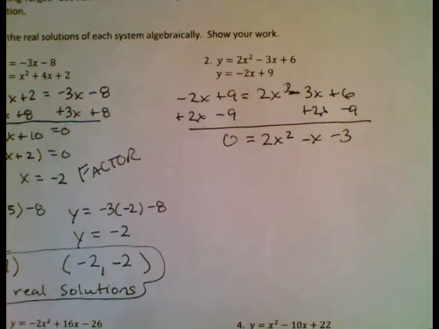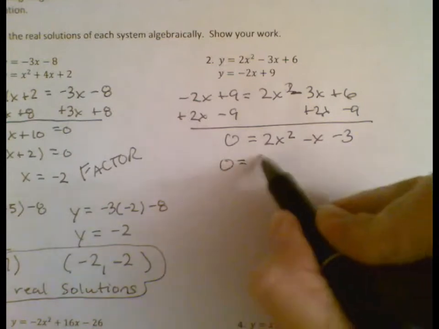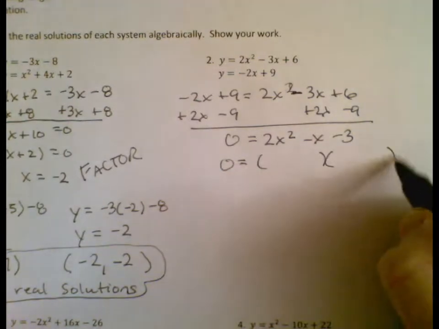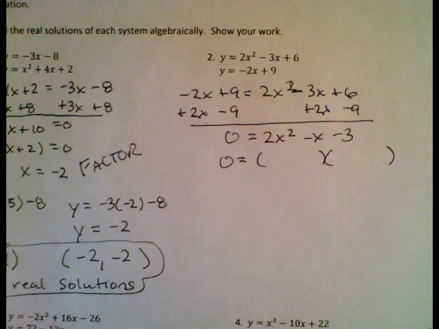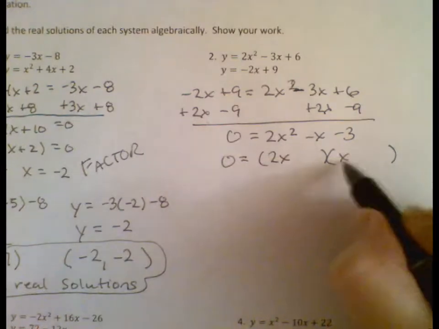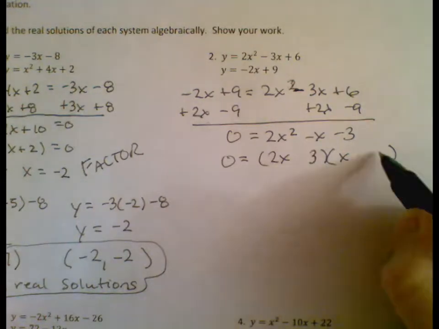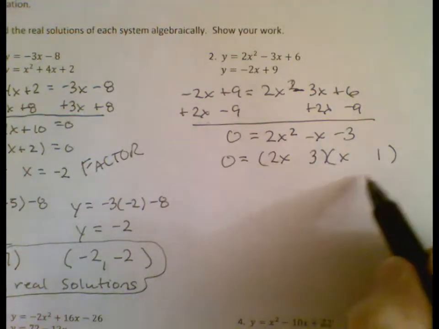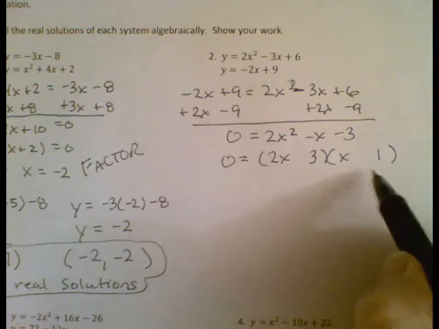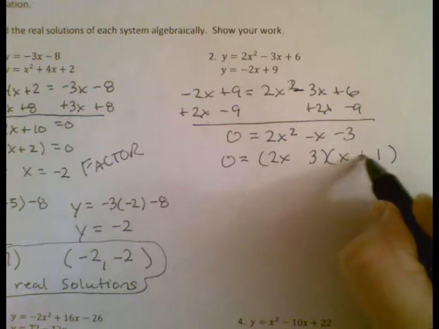Now this one is also factorable, so I am going to factor, but if you are not a fan of factoring, you can use the quadratic formula right here. So I'm going to do 2x and x, and then if I do 3 and 1, I put a 3 here and a 1 here, I think I want the plus here and the minus here.